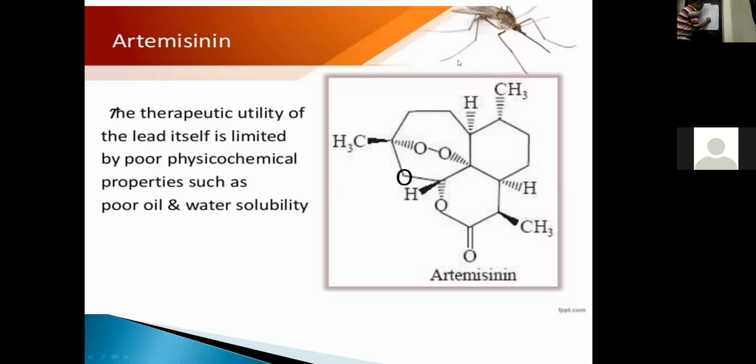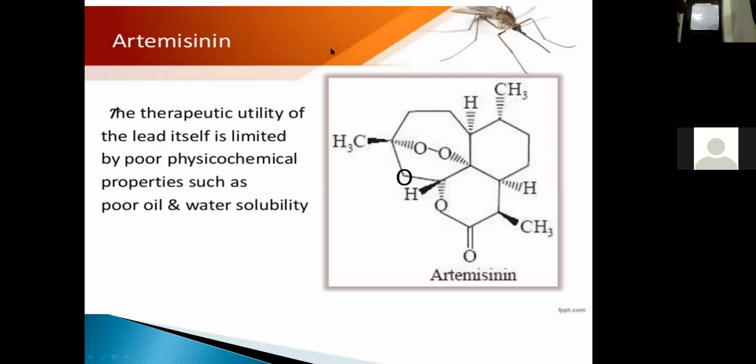Next to the carbonyl group there is a methyl. Now this is connected to another cyclohexyl ring containing a methyl group. Remember, make your structure simple so that you can study it with ease.